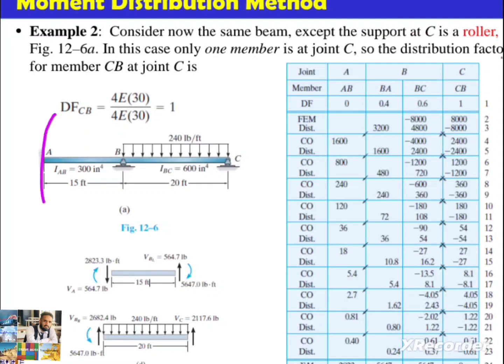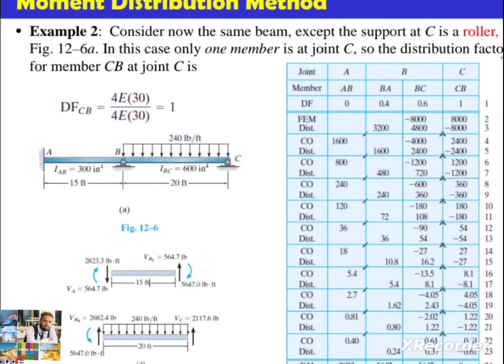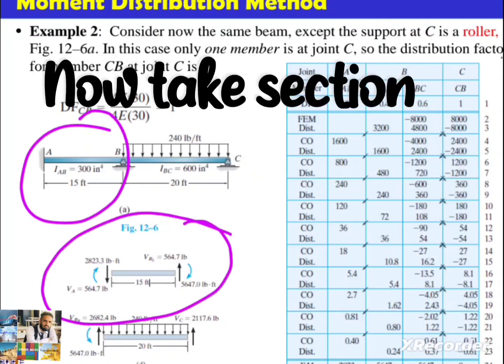So we calculate the moment AB, moment BC, moment BA, and moment CB. The moment of AB is 2823, and the moment at point C is 0, and these two moments are equal, 5647 and opposite. By calculating the moments, now the structure can be determined. So take this joint and apply the equilibrium equation.